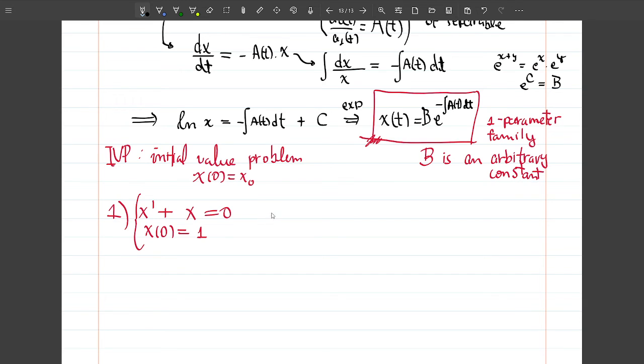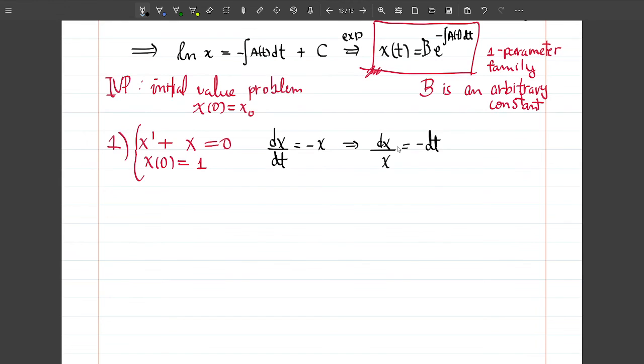It's very easy, right? dx/dt equals minus x, and then dx divided by x equals minus dt. Integrating both sides we have the natural logarithm of x equals minus t plus a constant, and then exponentiating both sides, we have x of t equals capital B times the exponential of minus t.